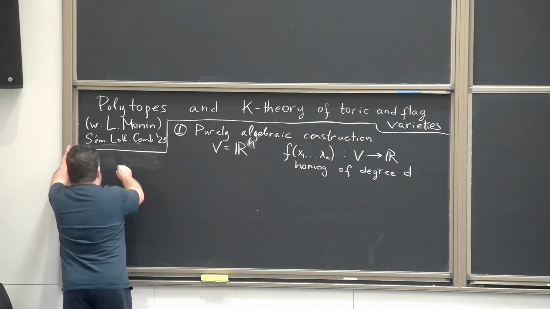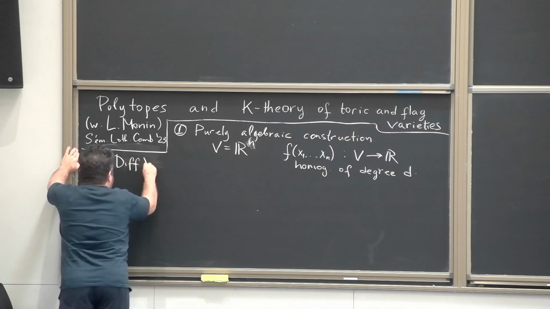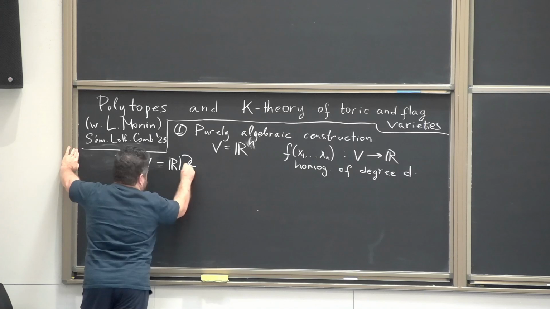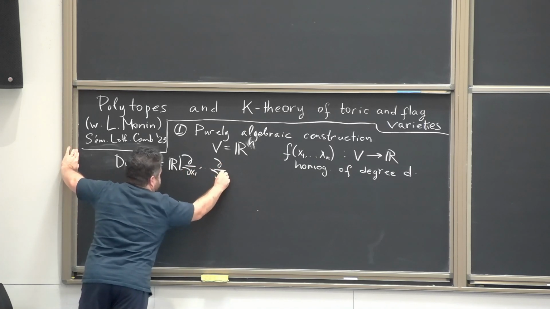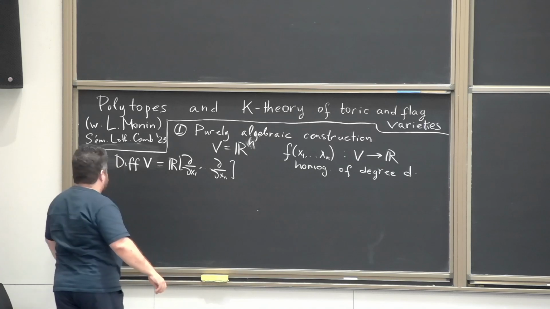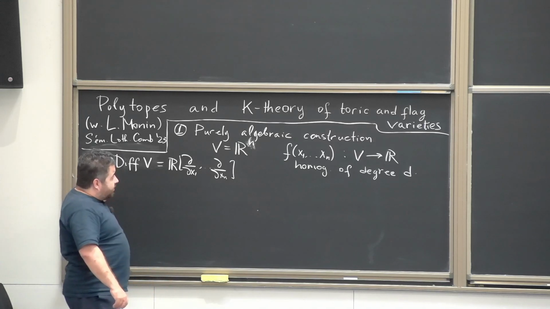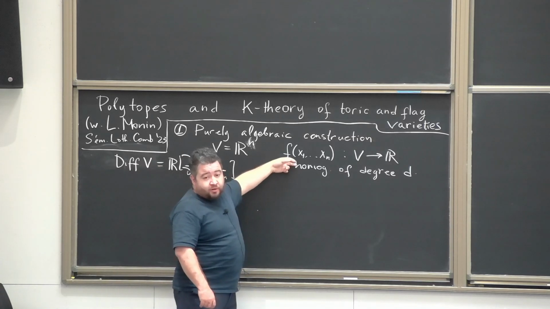Let me take the ring Diff V, which is also isomorphic to the ring of polynomials in the same number of variables.